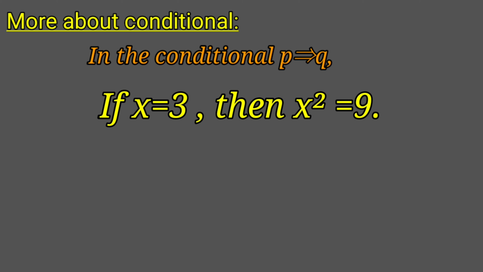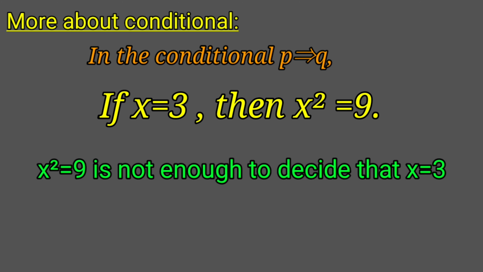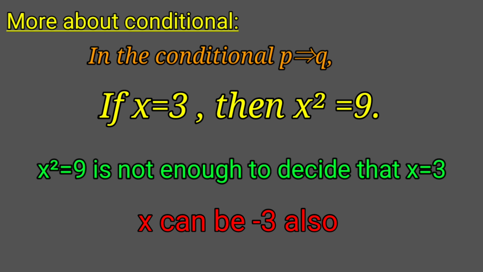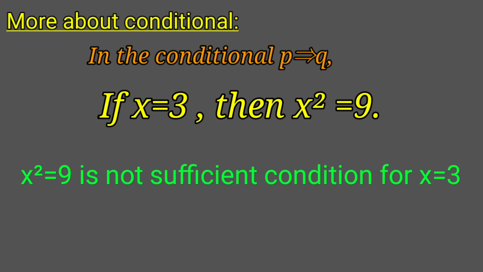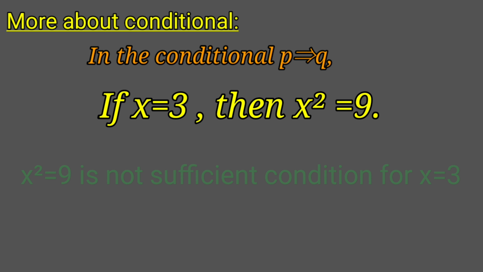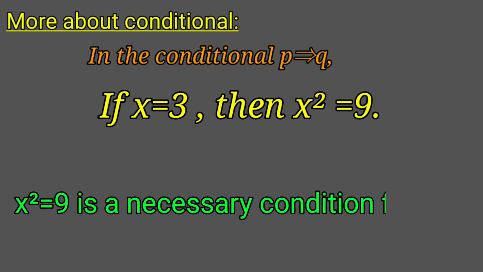And also we can say that x square is equal to 9 is not enough for us to decide that x is equal to 3, because x can be minus 3 also. So x square is equal to 9 is not sufficient condition for x is equal to 3. So children, finally we can say that x square is equal to 9 is only necessary condition for the statement x is equal to 3.